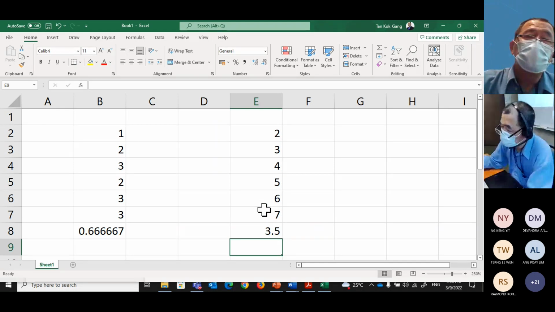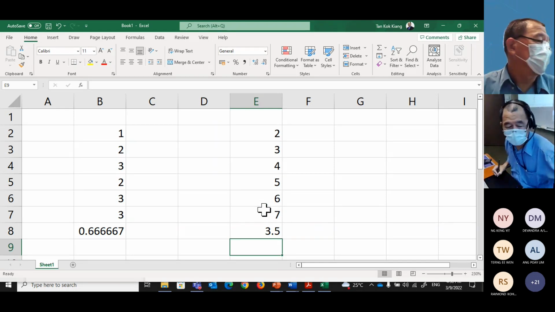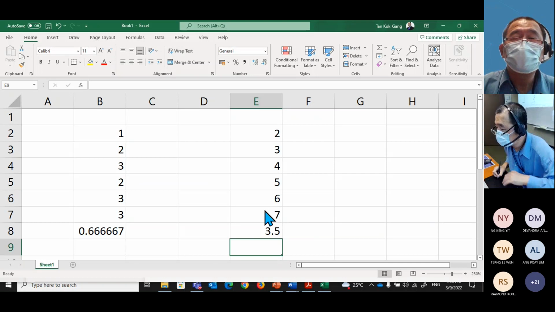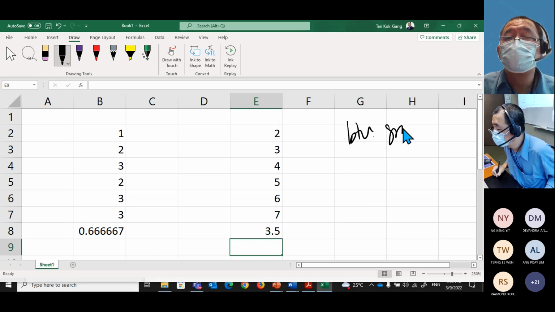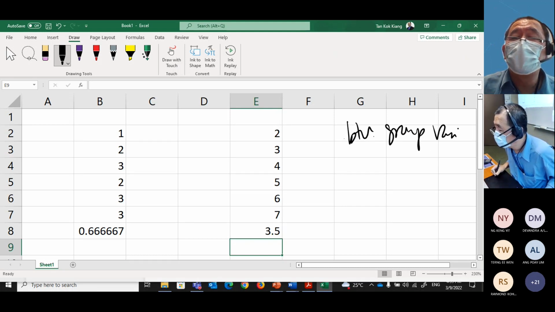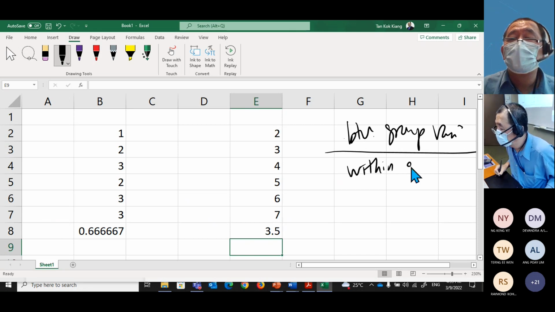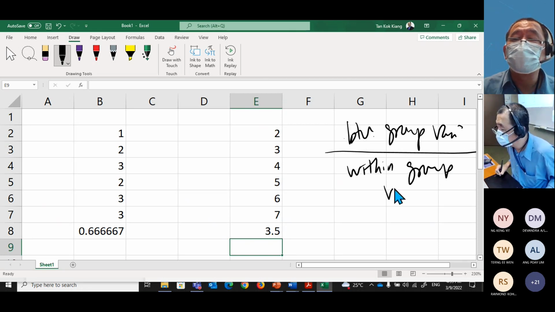You want to maximize the ratio. What ratio? Between group variance and within group variance.